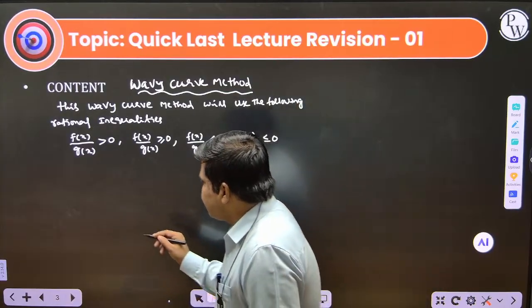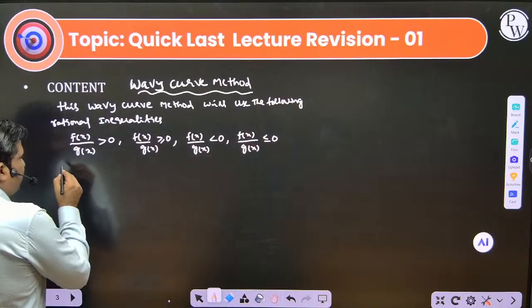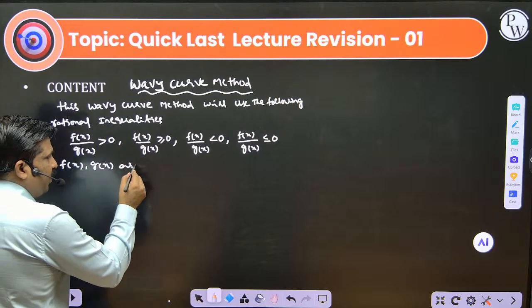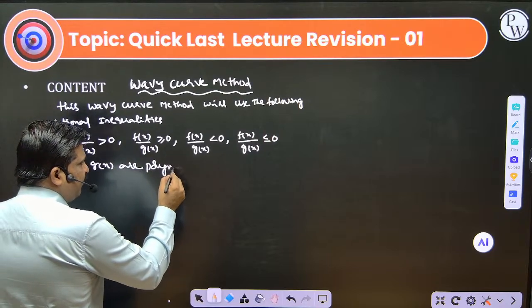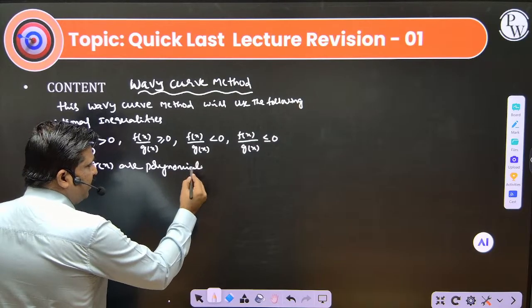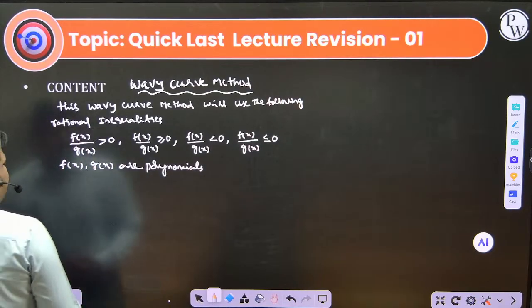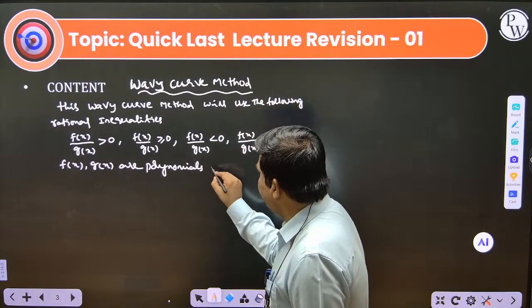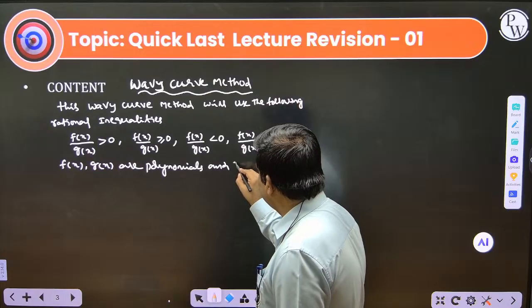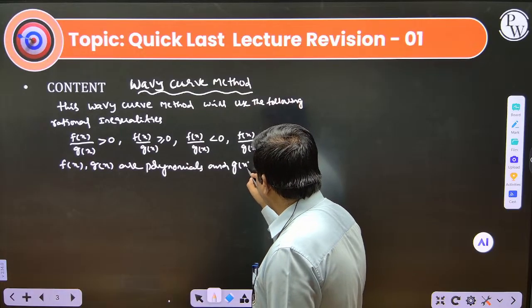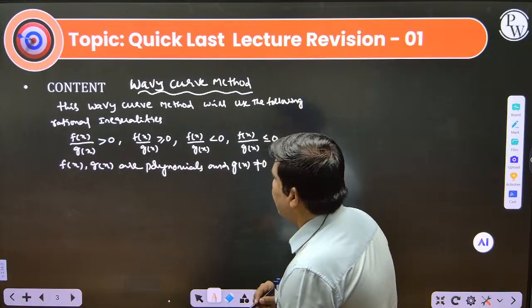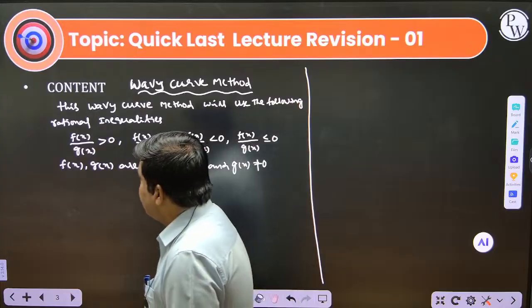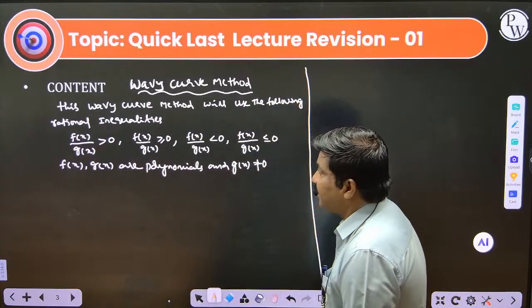But in all these four cases, f of x, g of x are polynomials, and g of x not equal to 0.